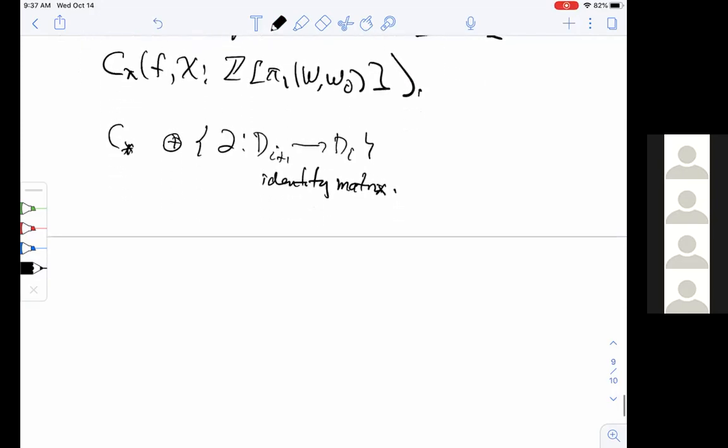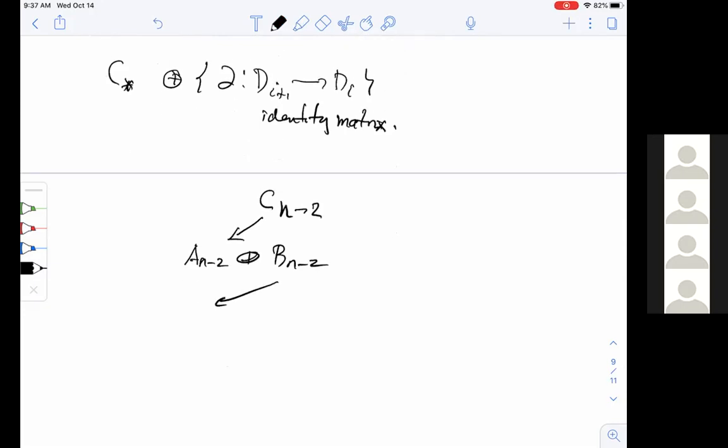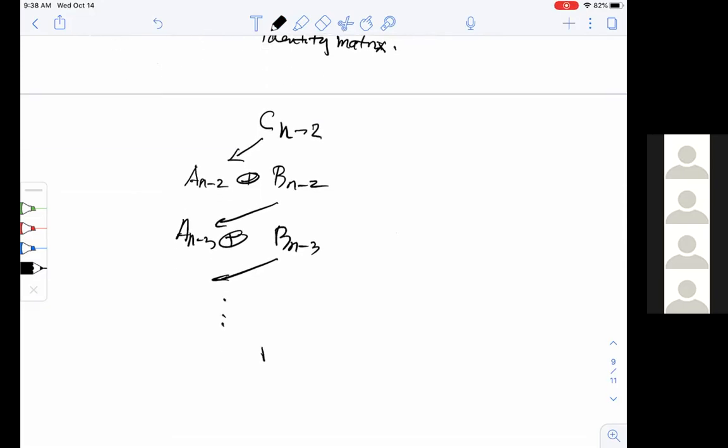in my case here, I'm going to arrive at a situation like this. I have C_{n-2} to A_{n-2} plus B_{n-2}. So I'm drawing the boundary map, A_{n-3} plus B_{n-3}, and so on, down to A_3 plus B_3, down to A_2.